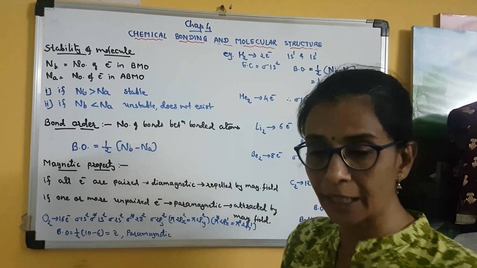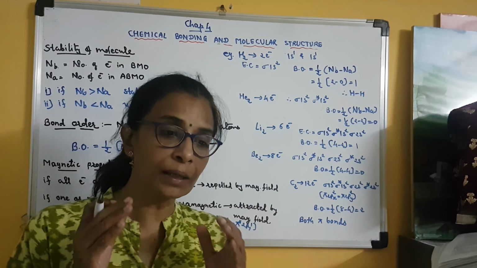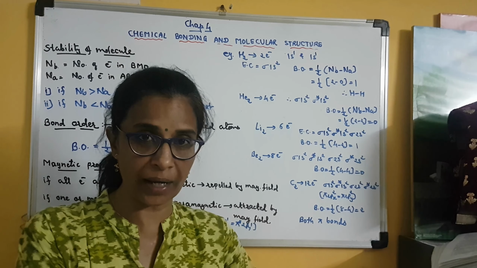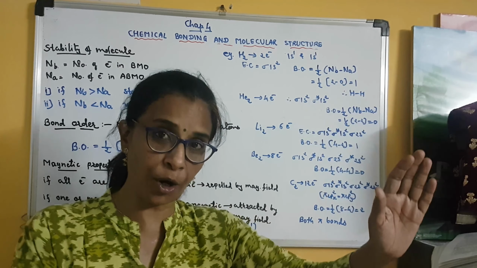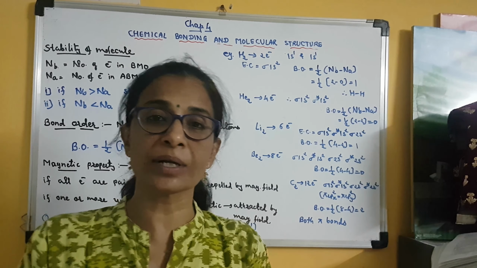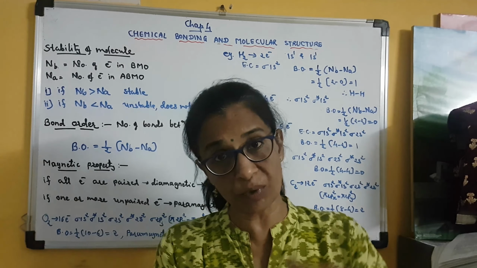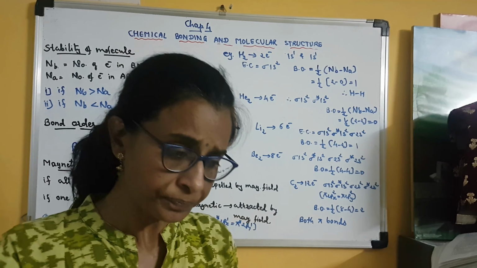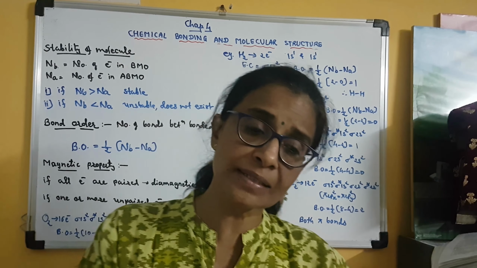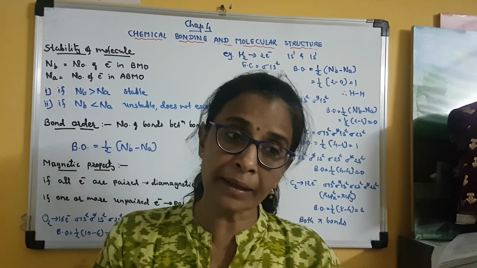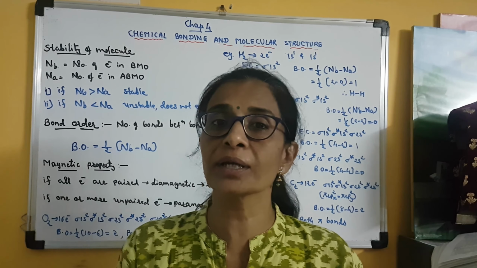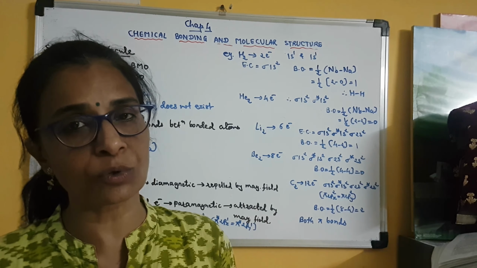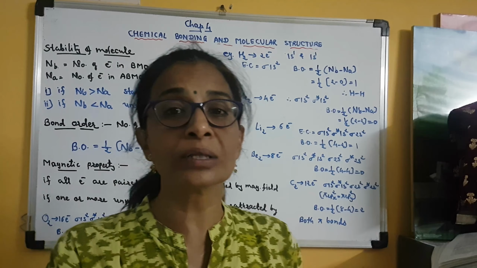Means when we write the electron configuration, the number of electrons present in the molecular orbitals like sigma or pi without asterisk are called bonding. Clear? And the molecular orbitals like sigma and pi with asterisk are called antibonding. And in the previous session I told you that as electrons enter the atomic orbitals following Aufbau's principle, Pauli's rule and Hund's rule, similarly in the molecule also electrons will enter following all these rules.